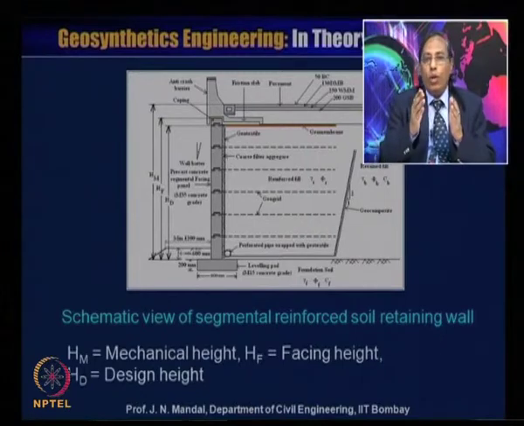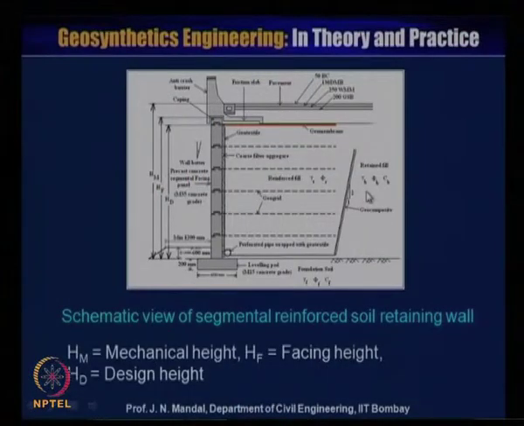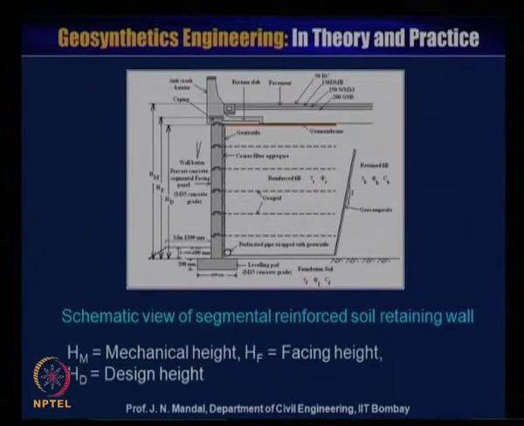You should know what the unit weight of the foundation soil is, what the friction angle of the foundation soil is, and what the cohesion of the foundation soil is. Similarly, you should know what the properties of the retained soil are. That means gamma b, the unit weight of the retained soil, the friction angle of the retained soil, and the cohesion value of the retained soil.